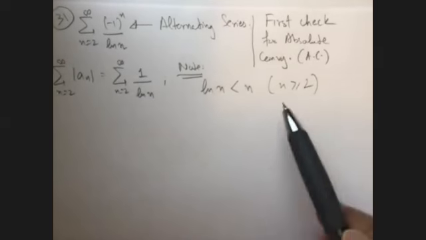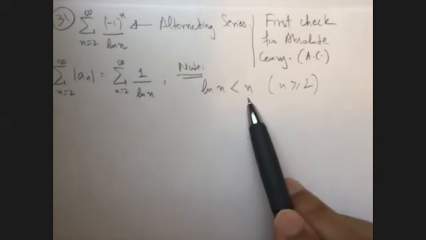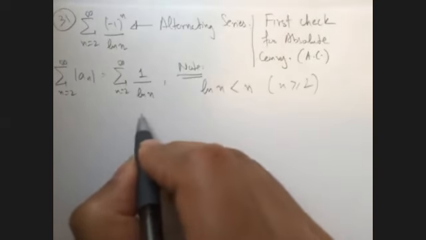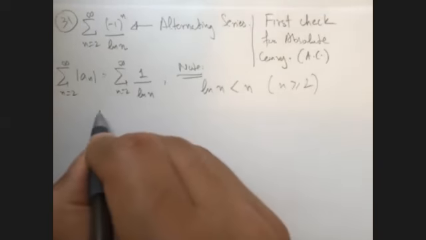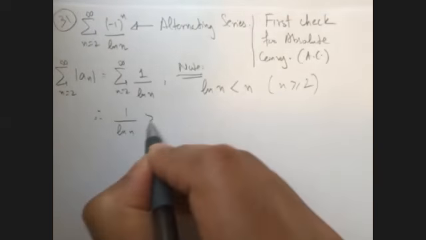For n or x greater than or equal to 2, this is true. And ln n is less than n. So therefore 1 over ln n is greater than 1 over n.